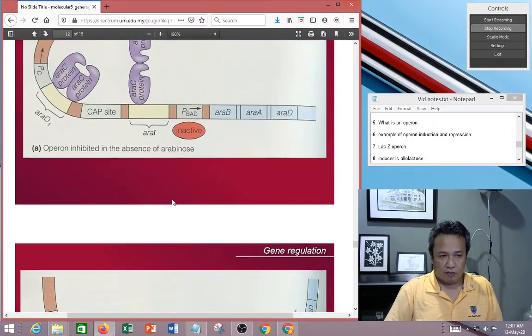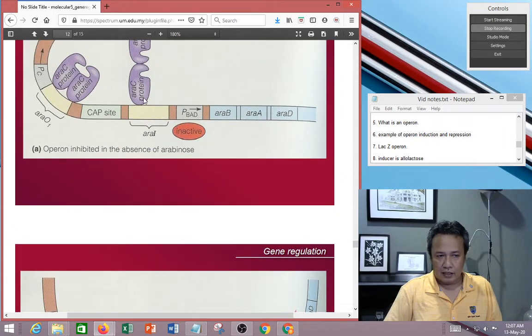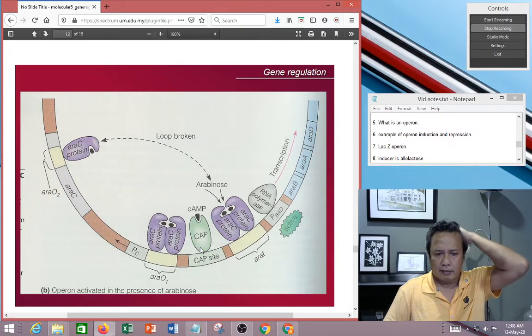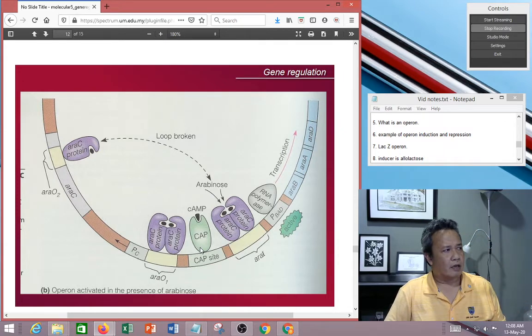Now, instead of preventing transcription, it promotes transcription. And that happens when you have cAMP at the CAP site. This is almost the same mechanism that you see in the lac operon. When glucose is absent, you get that binding. So when you have arabinose as well as absence of glucose, then you get transcription. All right.